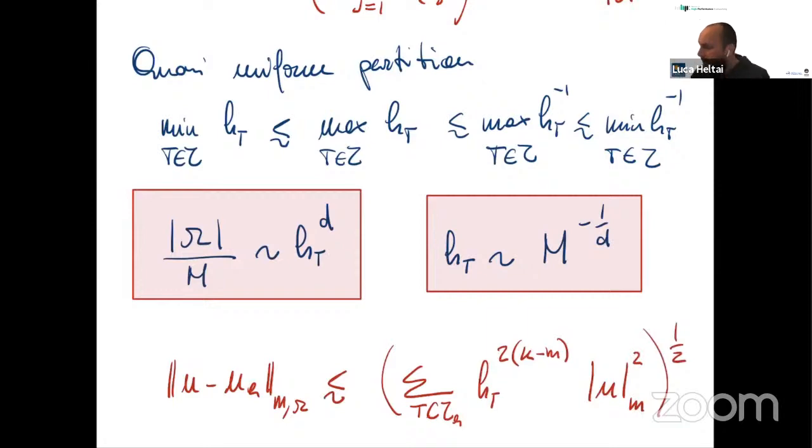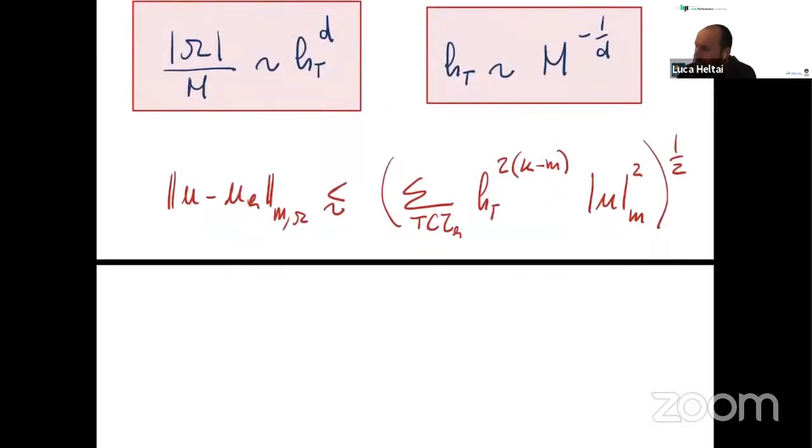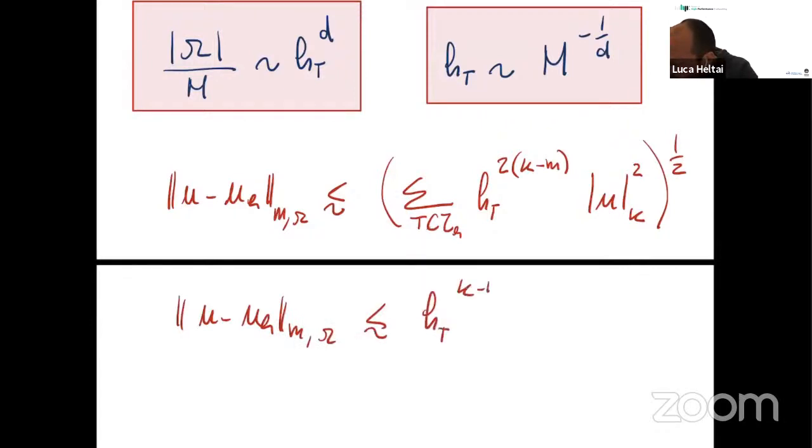Sorry, this is not M, this is K. When you can control the norm on the right and take out HT, you can make this a global estimate. So when HT is the same for everybody, this tells you that the norm U minus UH M omega is controlled by HT to the power K minus M times the semi-norm M of U.